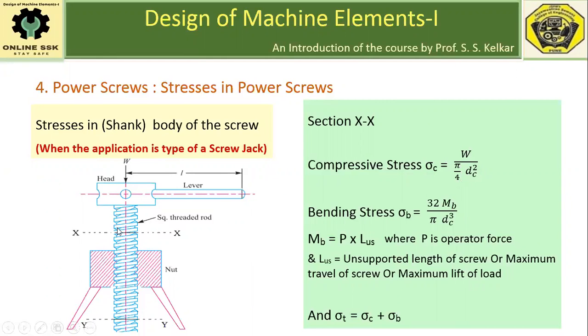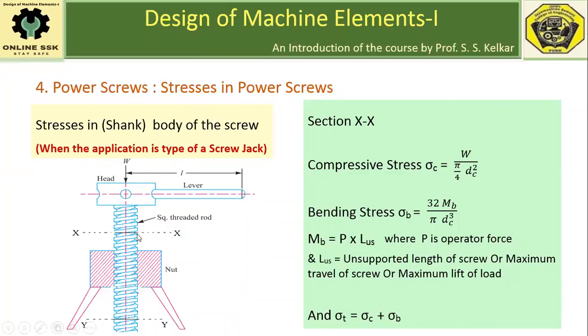Now the operator will apply force here to rotate the screw, and due to this applied force P, the force P multiplied by this unsupported length will cause a bending moment for this screw portion which is above the nut. This portion above the nut will be subjected to a bending moment equal to the operator force P multiplied by this length.